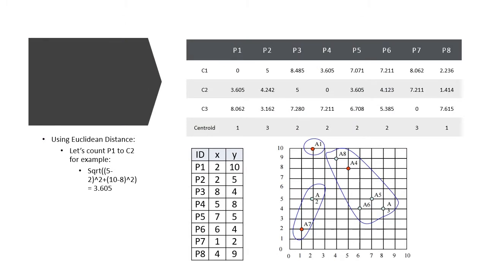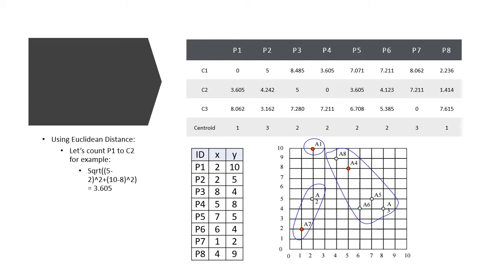So we have to figure out the Euclidean distance between each centroid and the data point. Since P1, P4, and P7 are centroids, the distances for the first, second, and third centroid are 0. For example, take P1 to centroid 2. P1 has the coordinates 2, 10, and centroid 2 has the coordinates 5, 8.